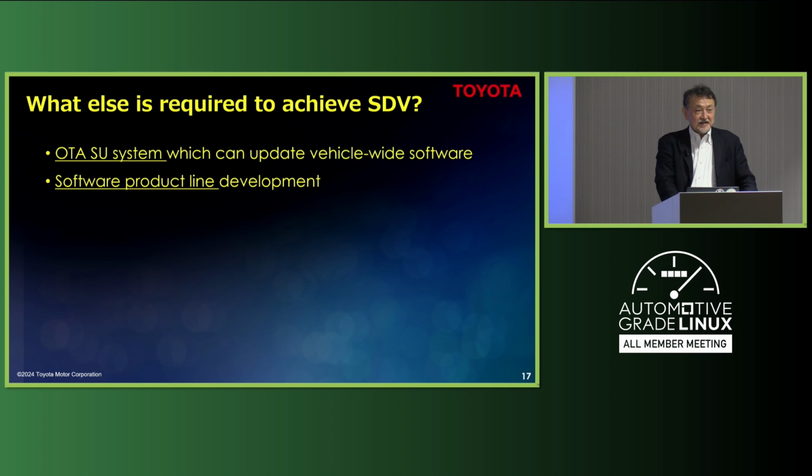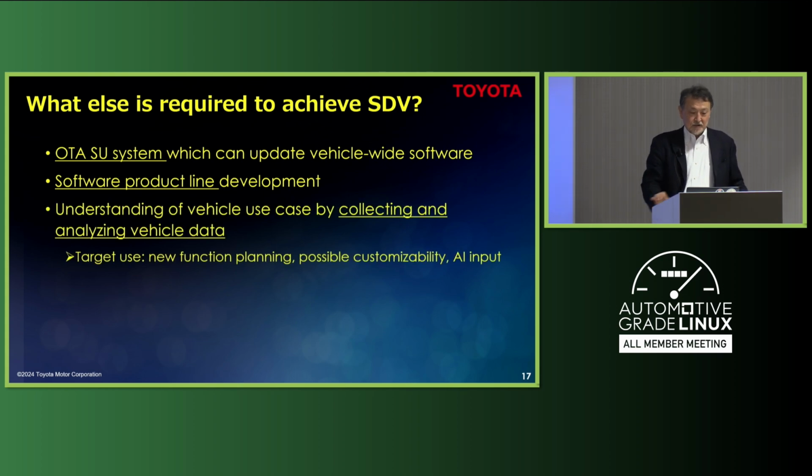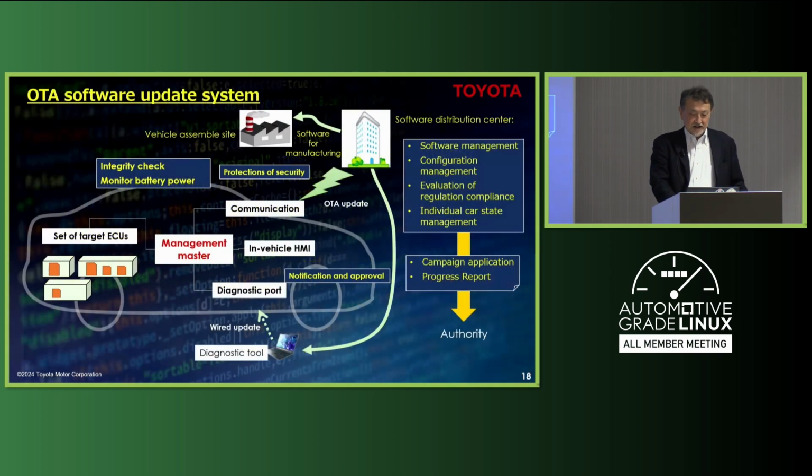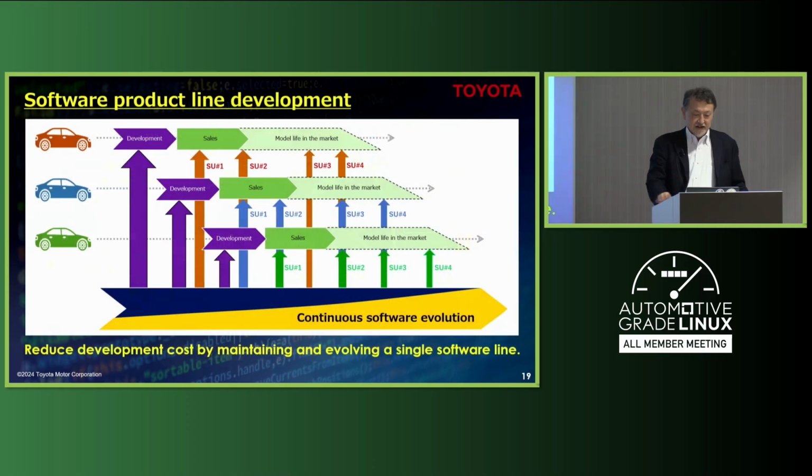And then software product line development is important. The single line of software must be kept, to grow the software with new functionalities more and more. To do this, we have to take control of that software in our hands.